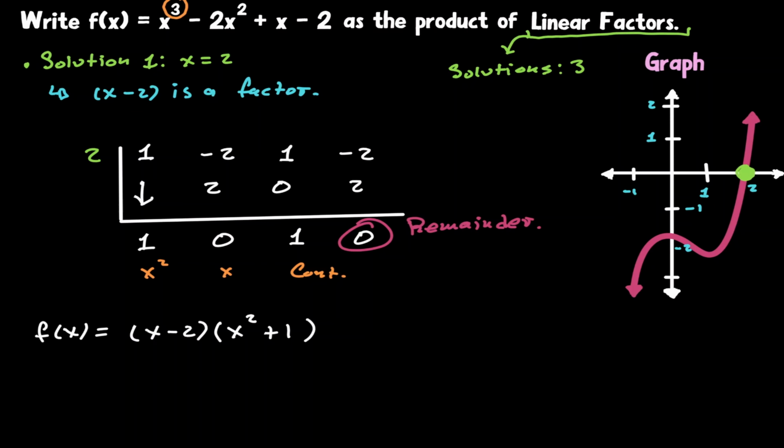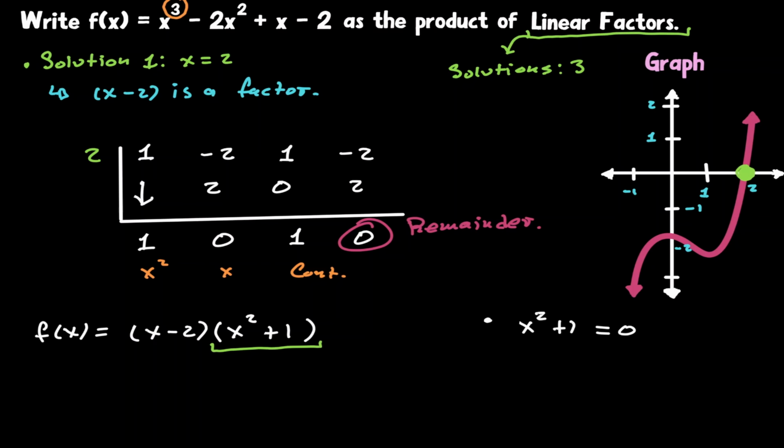But let's keep in mind what we were looking for. We are looking for solutions. We needed 3 solutions. We already have one of them. We are going to obtain the 2 remaining solutions from the expression that was left after we factored out x minus 2. So to find the solutions from x squared plus 1, let's set it equal to 0.